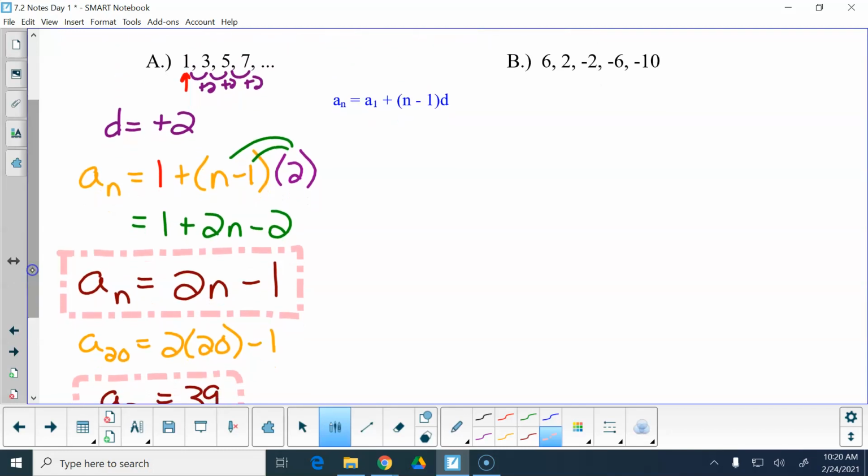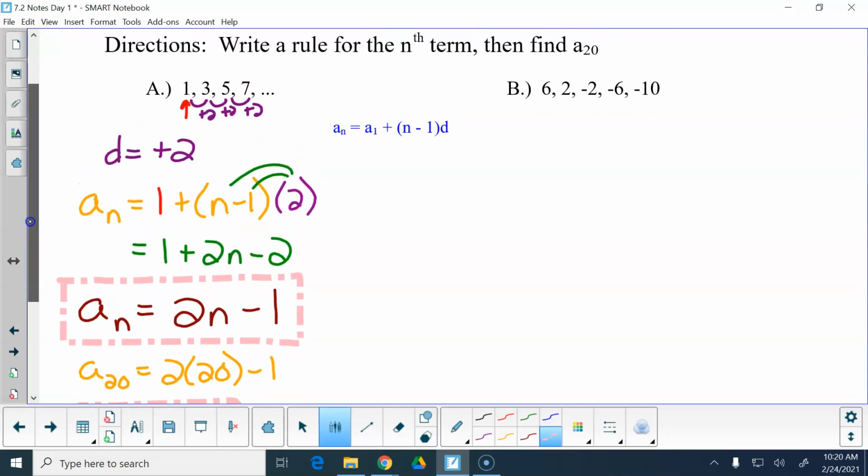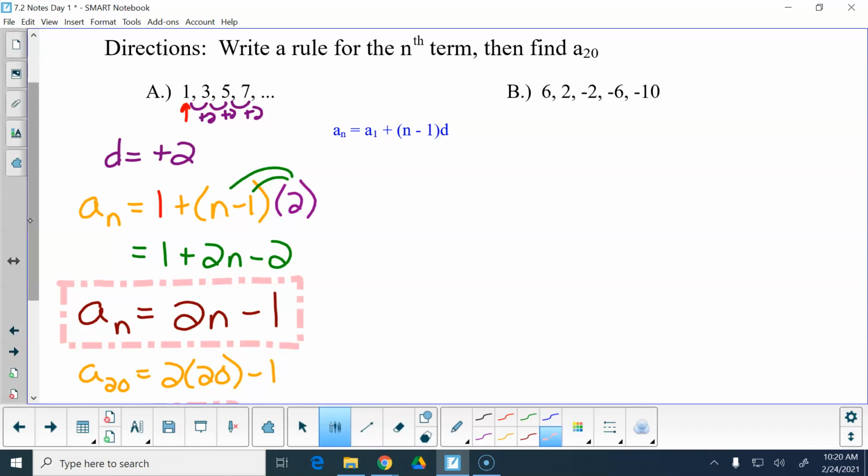Your turn to try one. You find me the rule and the 20th term on letter B. I get a common difference there of -4 because we're subtracting 4 every time.